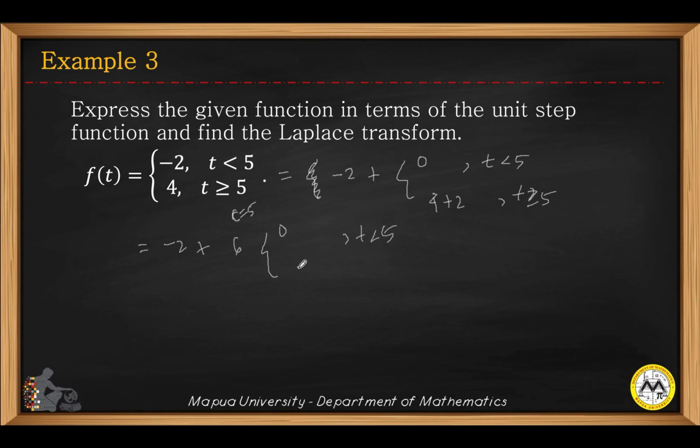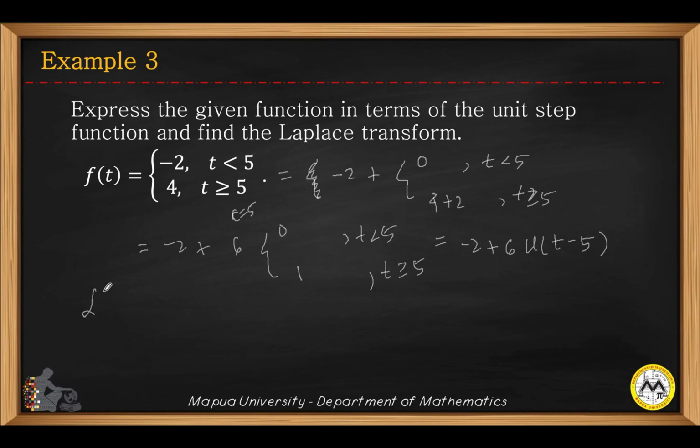And then this is now equal to 1, so 6 times 1, you get 6 here. When you simplify this function, you will get the original one. We just want this to be in terms of the unit step function, so this is u of t minus 5.